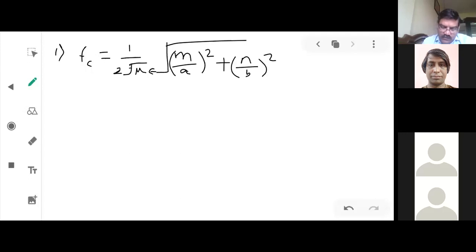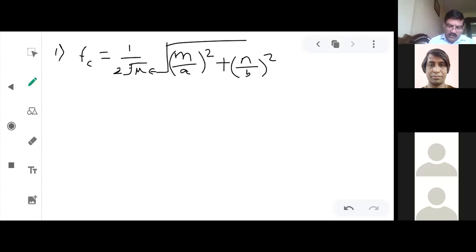Here m and n represent the number of half cycles in the x direction and y direction respectively, and both cannot be zero simultaneously, because if you put 0 0 here, there is nothing like a cutoff frequency. That would happen only if TEM mode could exist inside a waveguide, but that is not possible.